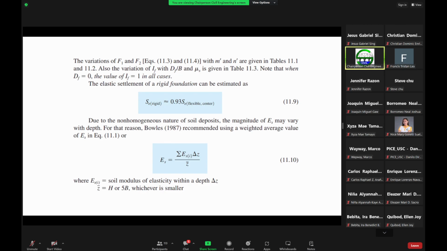Because sometimes you can have a clay layer, then a sand layer, then a silt layer, and a gravel layer. So they have different modulus of elasticity, for example.